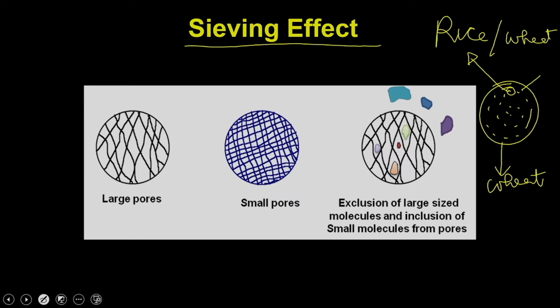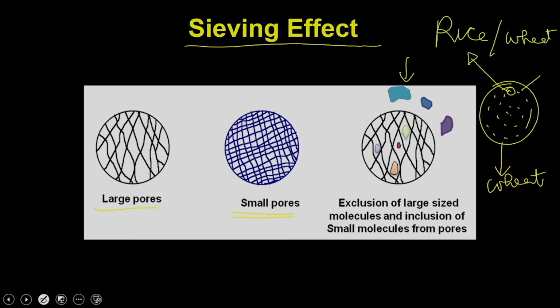You have sieves with large pores or small pores. When you pass molecules through, the large molecules are not going to enter into the small pores. So, compared to the sieving effect, you have a reverse sieving effect. In a normal sieve the small molecule passes through the pores, whereas the large is retained on the sieve.